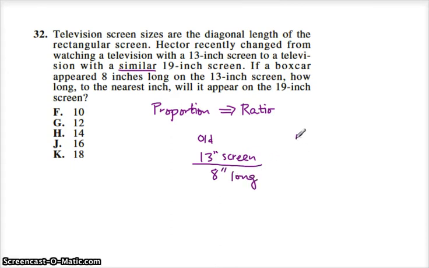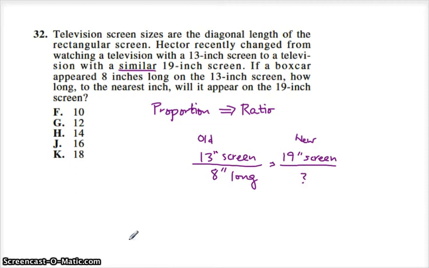So if we compare that to the new TV, see how this is looking like a ratio or proportion problem? We see that we had our new screen size of 19 inches, and we're trying to figure out how long that boxcar would look in this new setting.